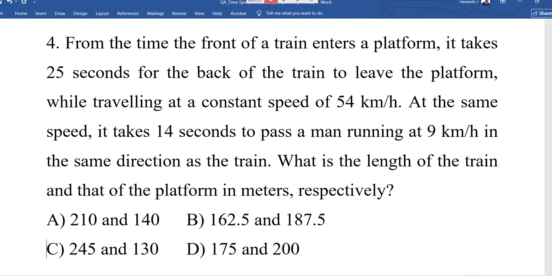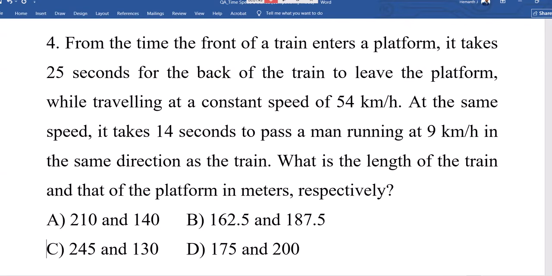GATE and TCS both give every question in detail. That is why it may look lengthy, but they want to give clarity. Don't feel the question is difficult just because it is long. Don't be in that style. Now here, the train crossing a platform is simple.